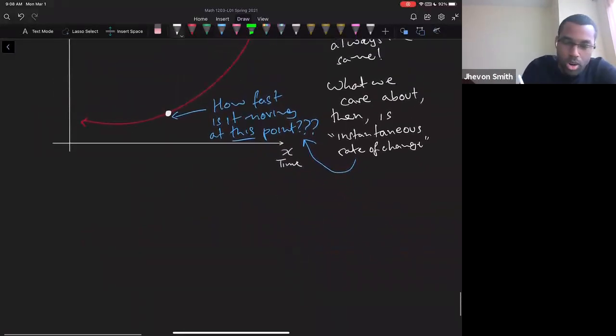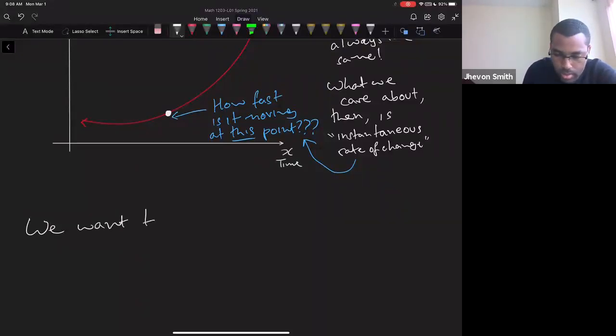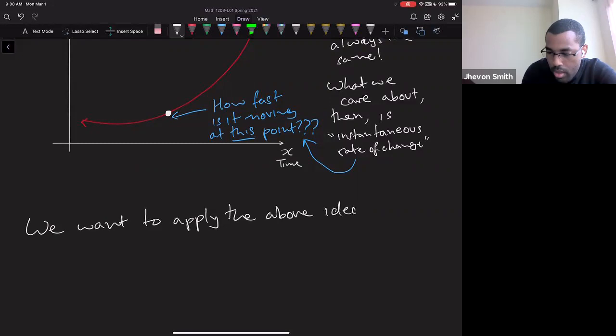So we want to apply the above idea, i.e., slope is equivalent to speed. Speed isn't the right word.